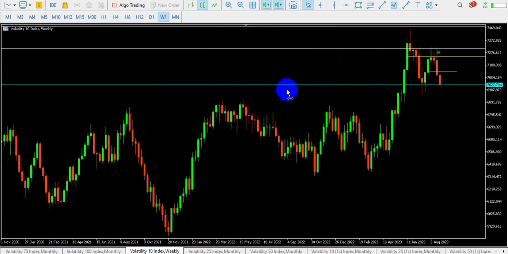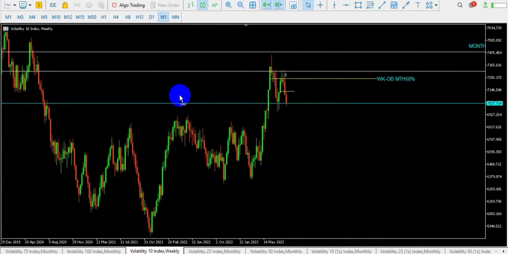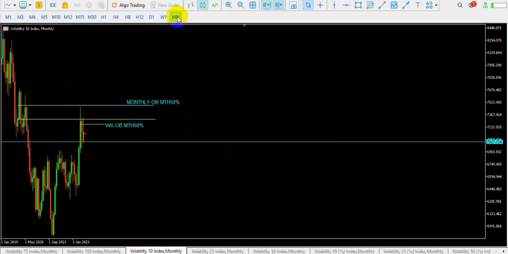Not only that, there are lots of factors and things to also take note of. This last up-close candle, it's the fair value gap here. If you can extend that, you will see what I'm seeing on the monthly. This fair value gap, you will see what I'm seeing.